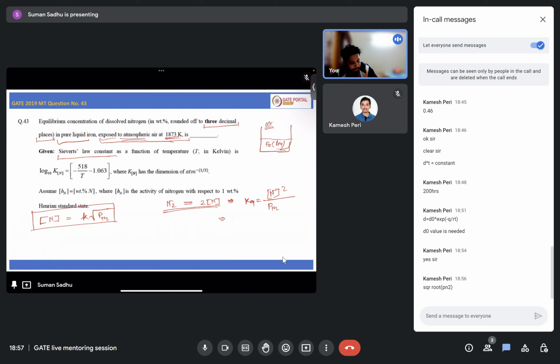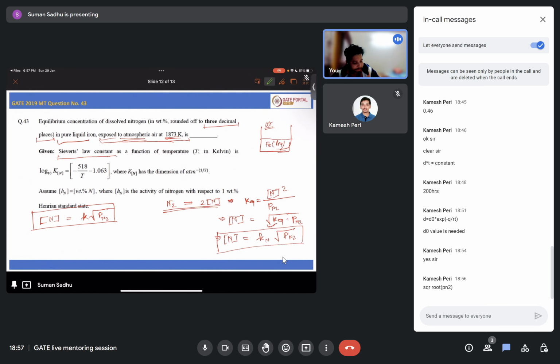If you rearrange, you will get N equal to the square root of K equilibrium into partial pressure of N2. Now this K you can take outside and term it as Kn, and then root over partial pressure of N2. So this is your Sievert's law, and this is how it comes about.